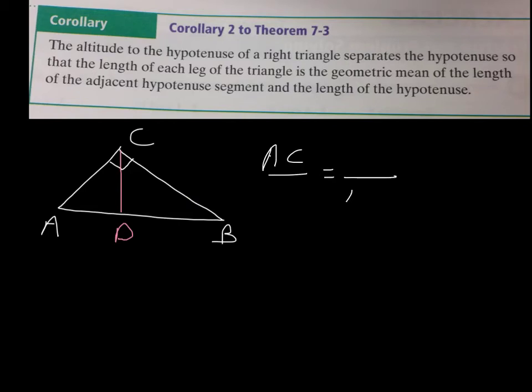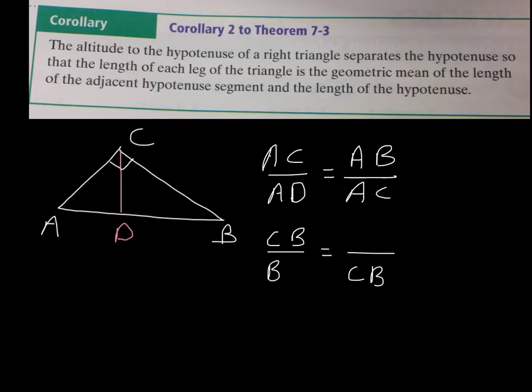So AC is the geometric mean for AD, that part of the hypotenuse, and the entire hypotenuse, AB. And they are also saying that CB is the geometric mean for BD, that part of the hypotenuse, and the entire hypotenuse.